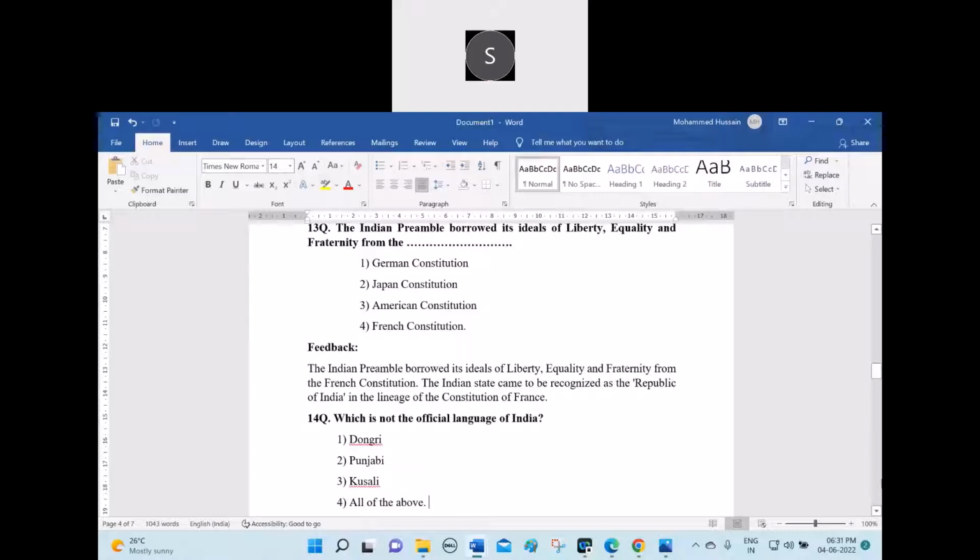Option 3, Konkani. Option 4, all of the above. Answer is option 4. Option 1, Dongri, wrong. Option 4, sir. Option 4 is right. All of the above means none of these is an official language.